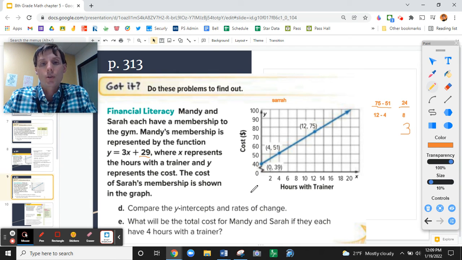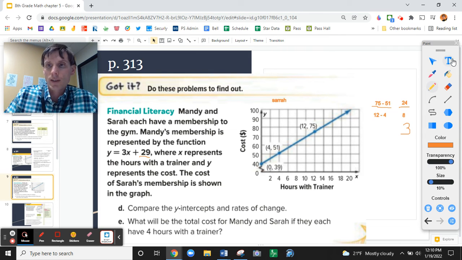So if we look at these 2 places here, compare y-intercepts and rates of change. For Sarah, initial cost of $39. Mandy has an initial cost of $29 by her b. And they have the same rate of change, right? 3.